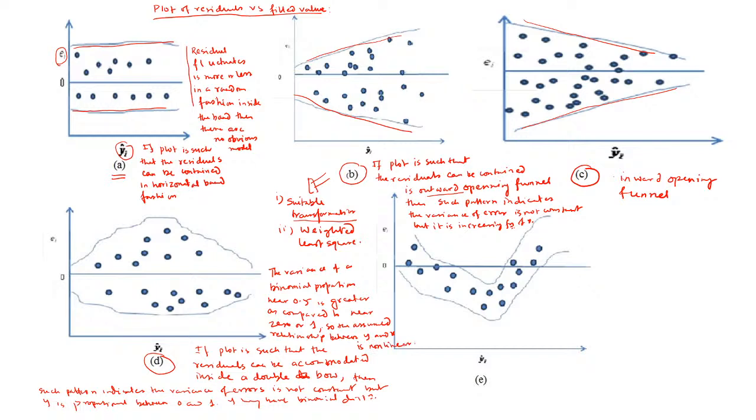Okay. And here also we use the same remedy, suitable transformation and or the weighted least squares technique. Okay. And if your residual plots look like this, that means your assumption of linearity does not hold.